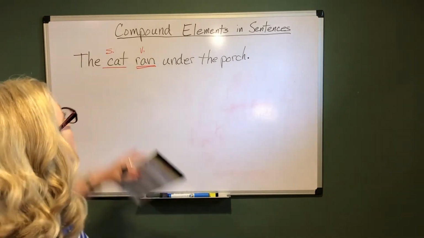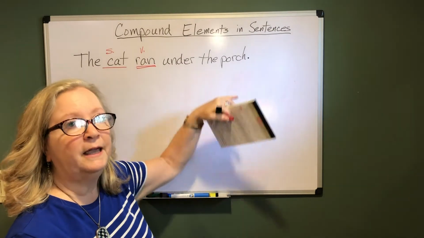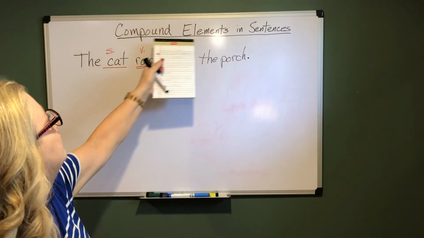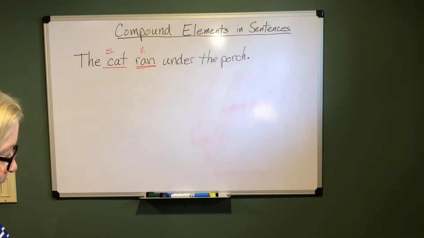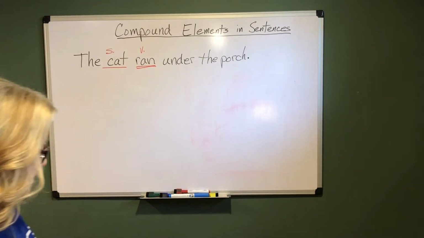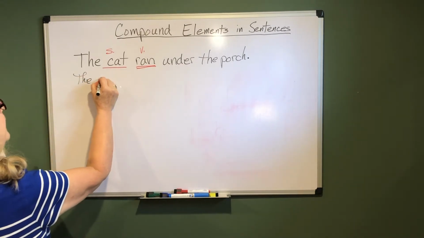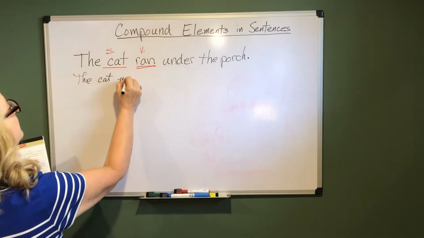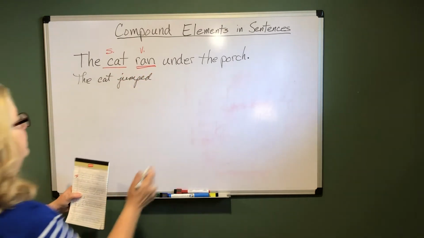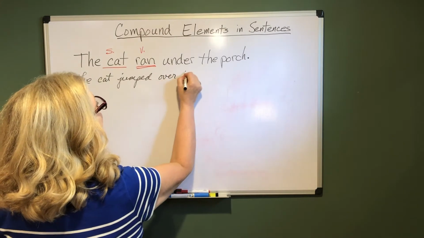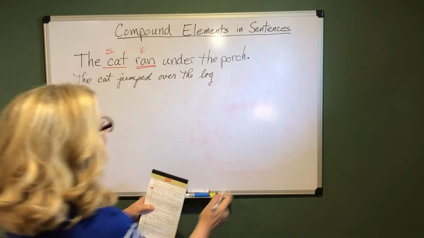Okay, now we're going to make this sentence a little more complicated by making some of the elements compound. All right, here's what I mean. Okay, we're going to say the cat jumped over the log and ran under the porch.